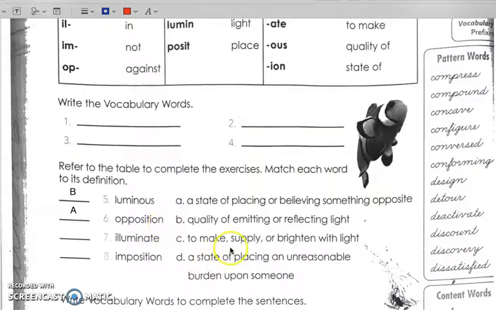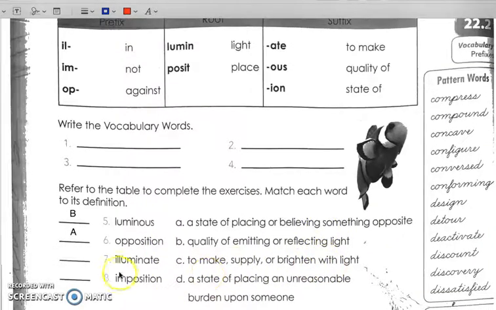Okay? C, to make, supply, or brighten with light. Look at the word illuminate. Light, 8, make. So making light. Make light. Ta-da! This is why I love learning prefixes and suffixes and roots.